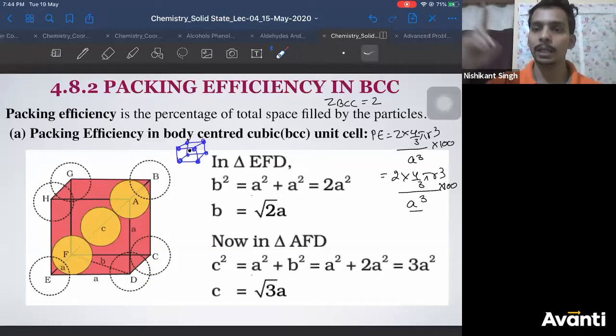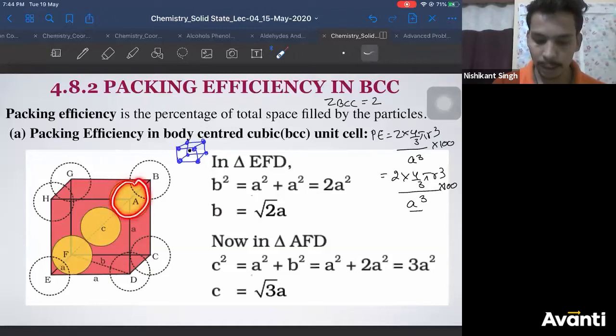Along the body diagonal, these three particles are touching each other. So that is what we have shown here. This is one corner particle, another corner particle, and this is your body center. From here to here the distance is r, from here to here also radius r, and so on.